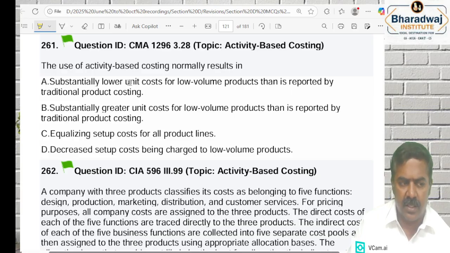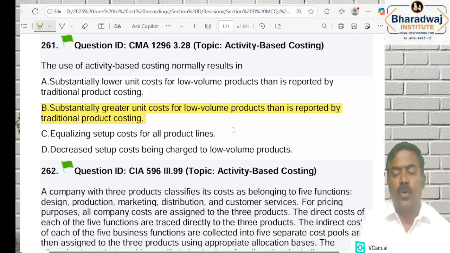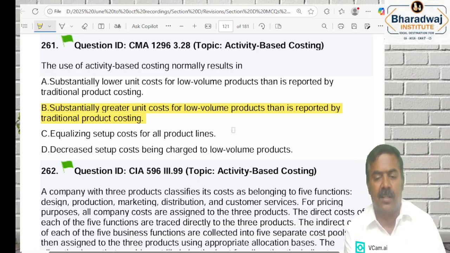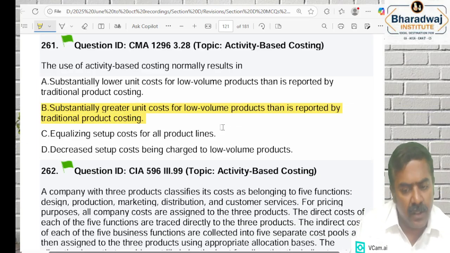What is the end result of activity-based costing? For low volume products, it will result in which one? Lower cost, because the lower activities, lower cost, like that.